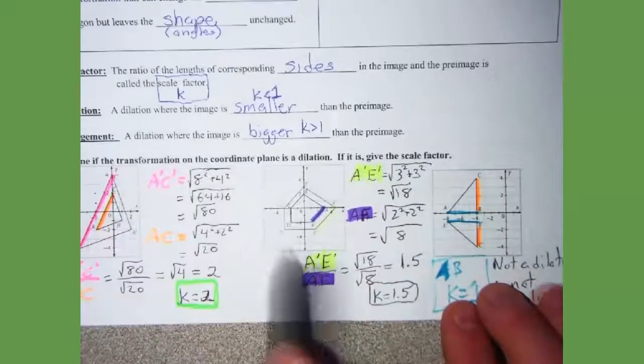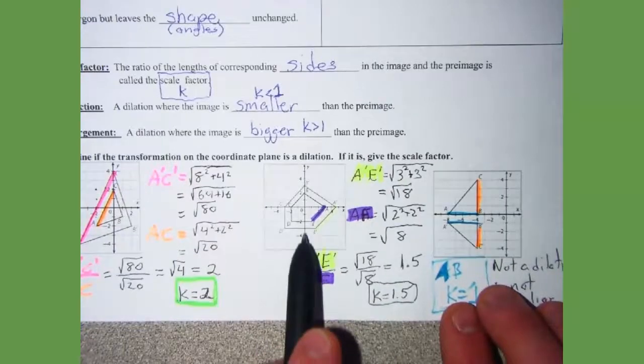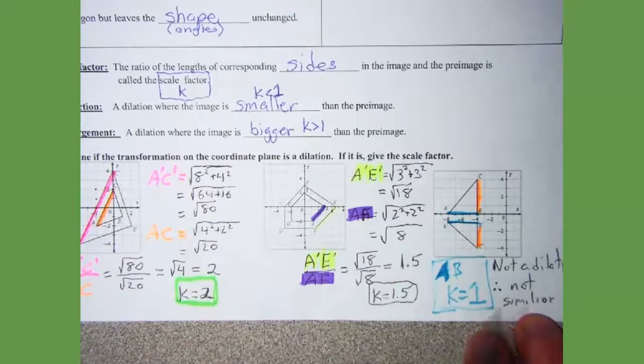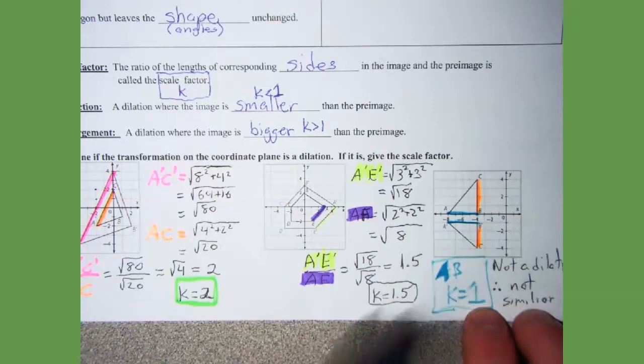If we had a pentagon, a 5-sided shape, we'd have to do it 5 times and show they all came out to 1.5. We're not going to do that exhaustively. We're just going to assume this is similar, find the scale factor, and then might give you some pictures, like we did with those quizzes lately. Just yes or no, is it a parallelogram or not, just by certain key information. Okay. So that's the big part.